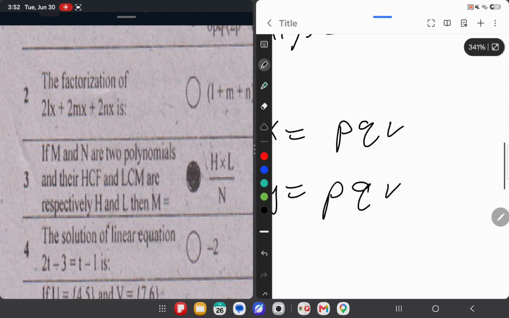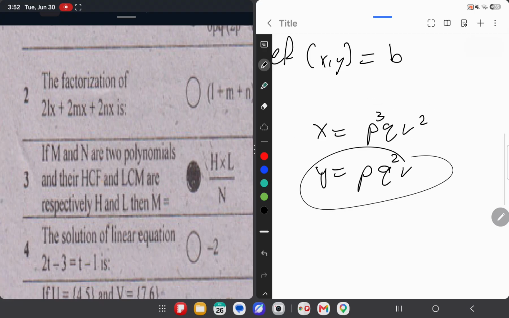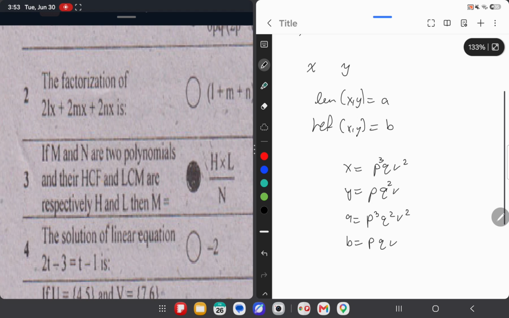But x might have a bigger number of pqs and rs than y. So a must be the highest terms, p cubed q squared r squared, and b must be pqr, the lowest powers. This is how we make sense of it.